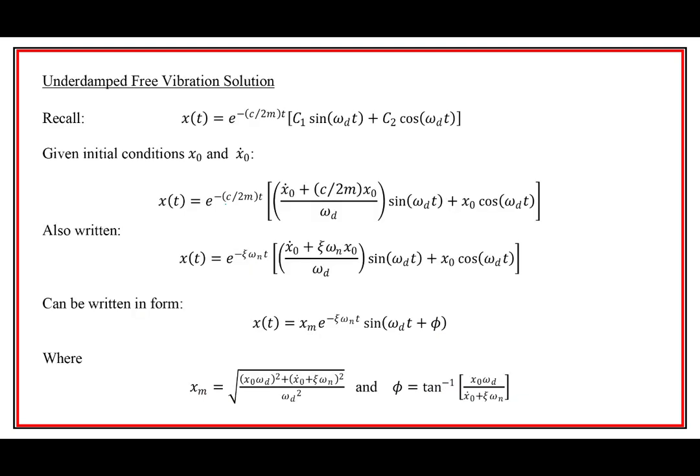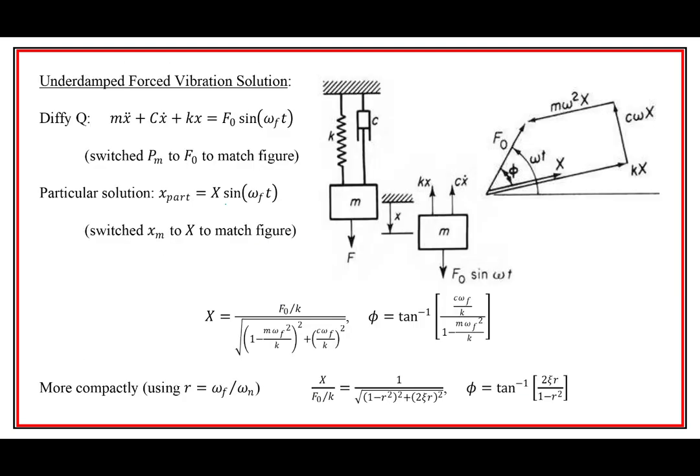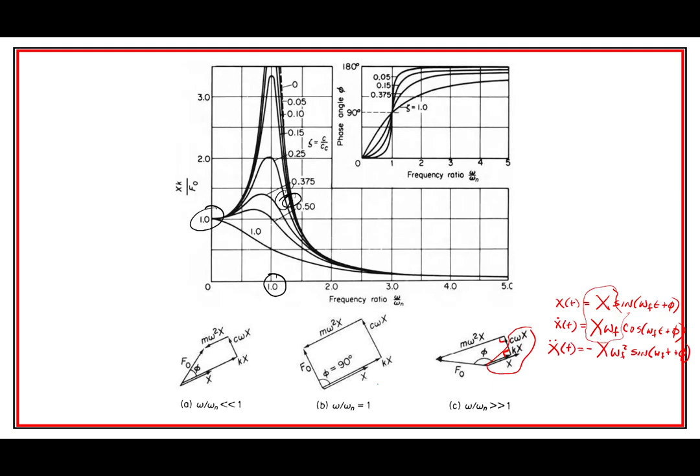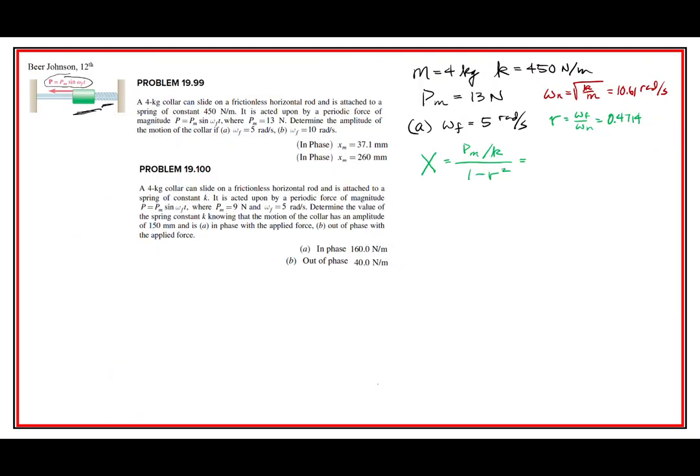Or you could go to the forced damped version right here and just cross out the damping term, and notably the square root goes away with that square, and we end up with the same thing. I'm just mentioning where I'm coming from.